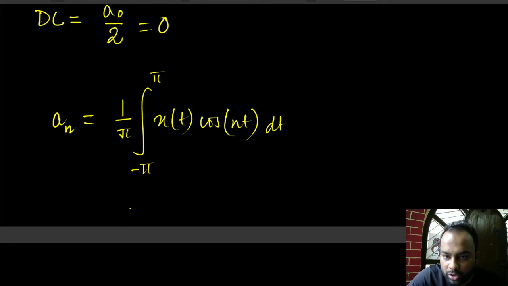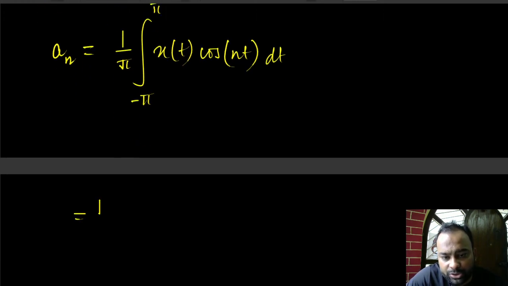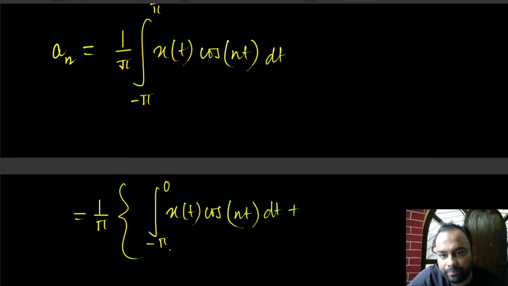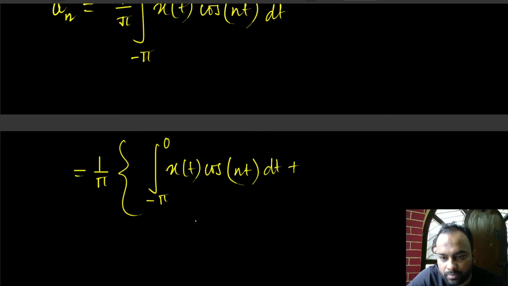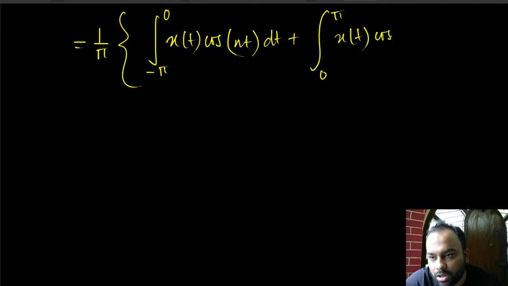And so on. So I'm doing this integration, but now again, like the previous one, I have to split this integration into two portions. One would be from minus pi to 0 with x(t) cos nt dt, another from 0 to pi, x(t) cos nt dt.